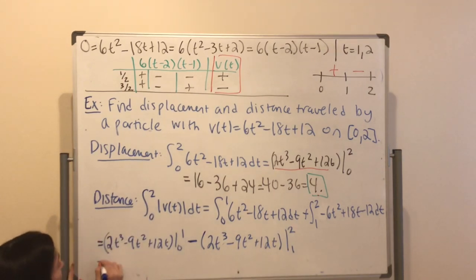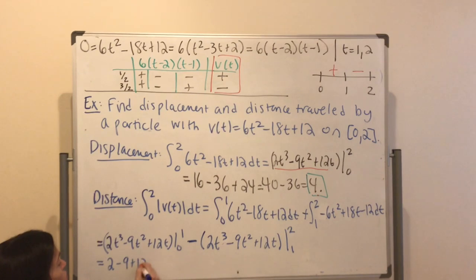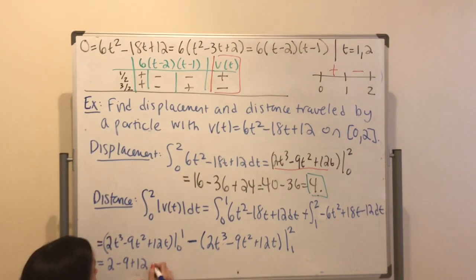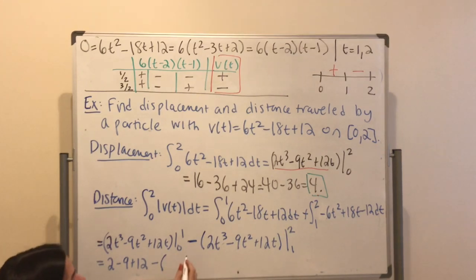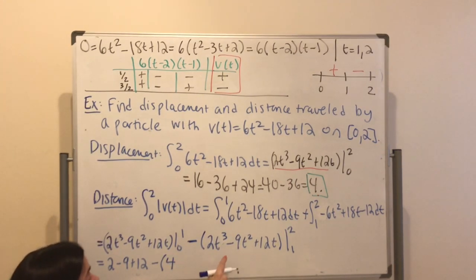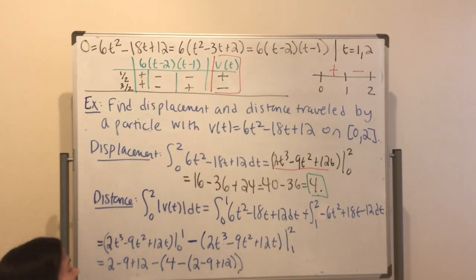Okay, well, when I evaluate this at 1, I get 2 minus 9 plus 12. Yep. And then here, minus, I've already evaluated it at 2. And then I subtract, here it is evaluated at 1. 2 minus 9 plus 12. Like this.